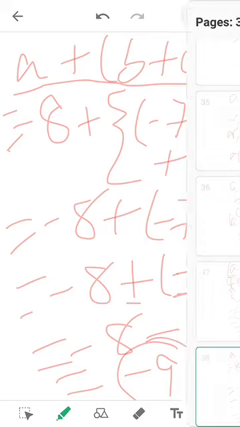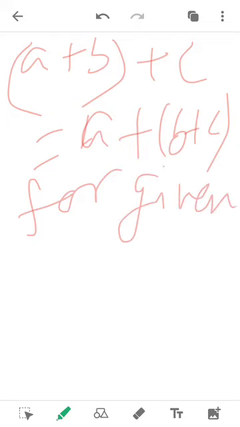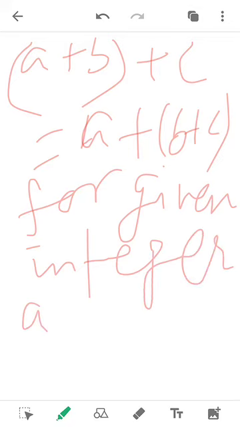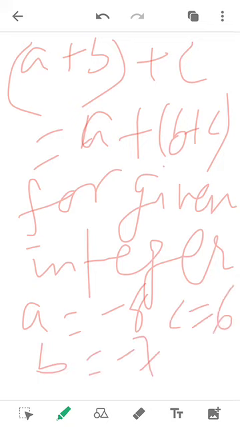Hence we can say that a plus b plus c is equal to a plus b plus c for the given integers a equal to minus 8, b equal to minus 7 and c equal to 6. It holds the associative law of addition.